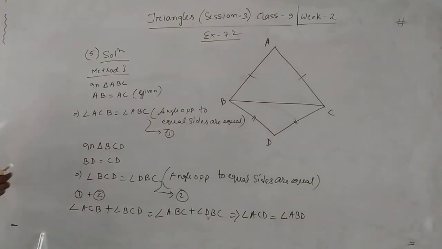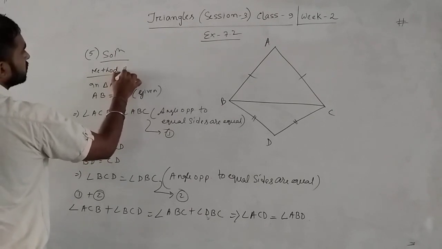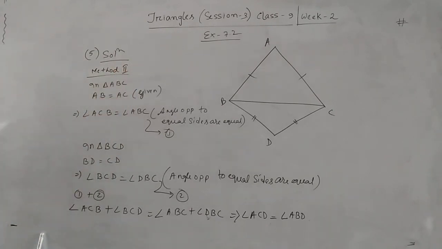Now method 2. In method 2 there will be a construction. And what is the construction? We join AD.